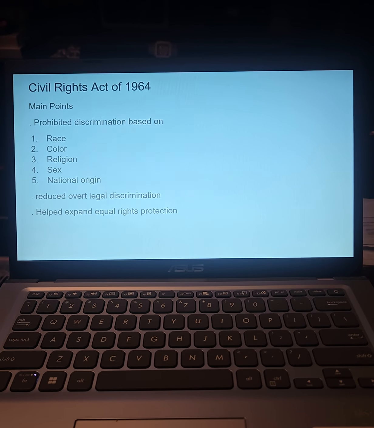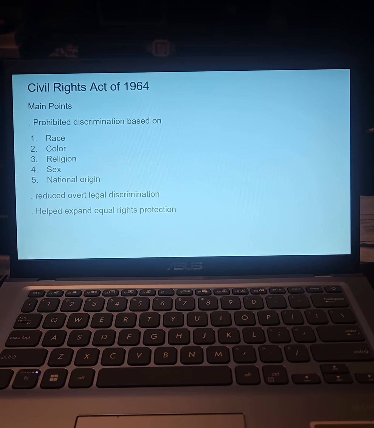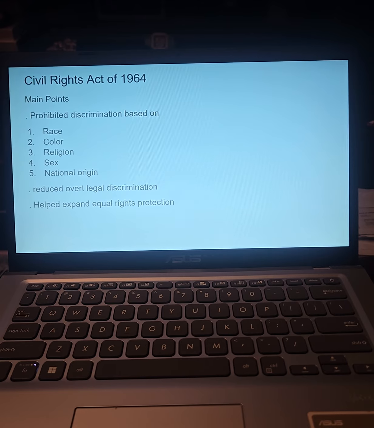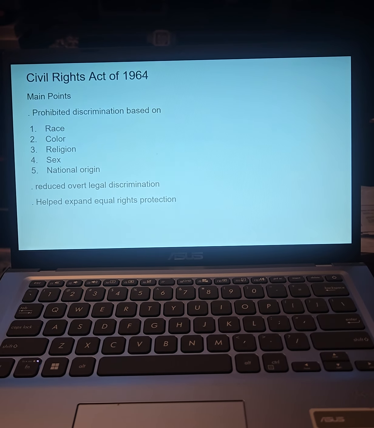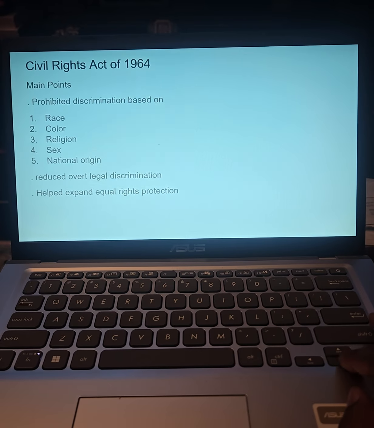So basically, it made it more difficult for people of color to get equal housing and equal opportunities for housing and renting apartments and even owning a home in the United States of America.